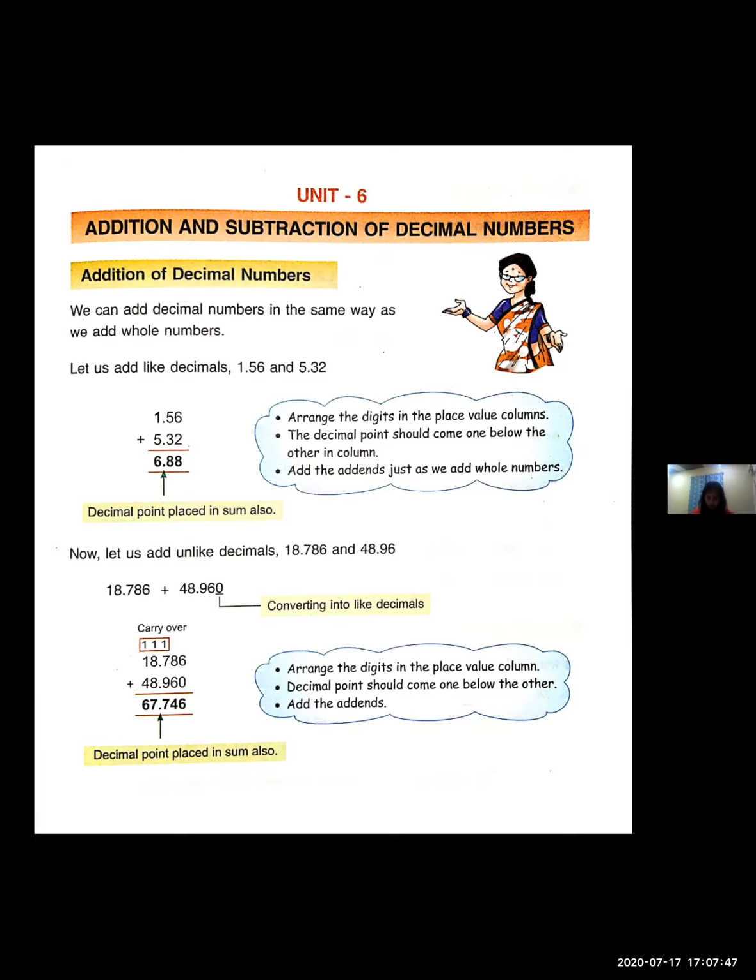After knowing the addition of decimal numbers, you have to learn about the properties of decimal numbers. The properties of decimal numbers are the same as the properties of addition of whole numbers.